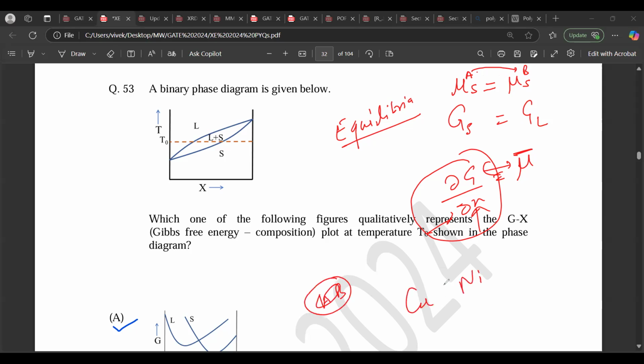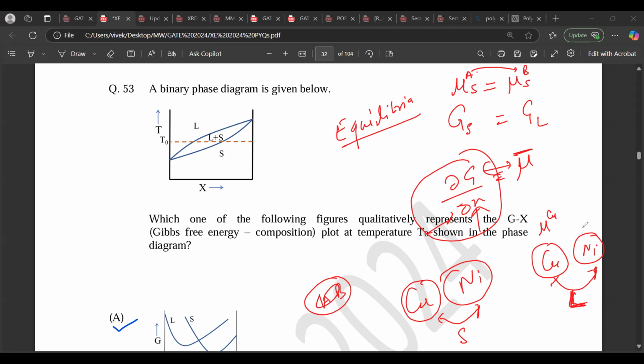These copper and nickel atoms will be freely miscible into each other and will show a solid phase, or they will be miscible to make a single phase called liquid phase. That is only possible if the chemical potential of copper and the chemical potential of nickel are the same. The chemical activity should be the same, then only they will be comfortable with each other, in equilibrium with each other.